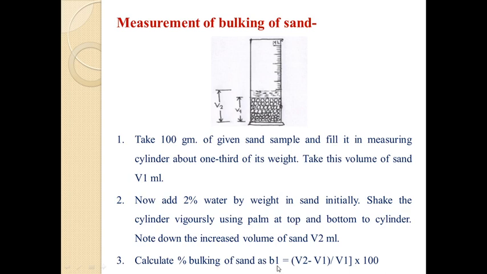We calculate this percentage as V2 minus V1, that is this increase in volume of sand, divided by V1, multiplied by 100, and we get the percentage bulking of sand, firstly B1.